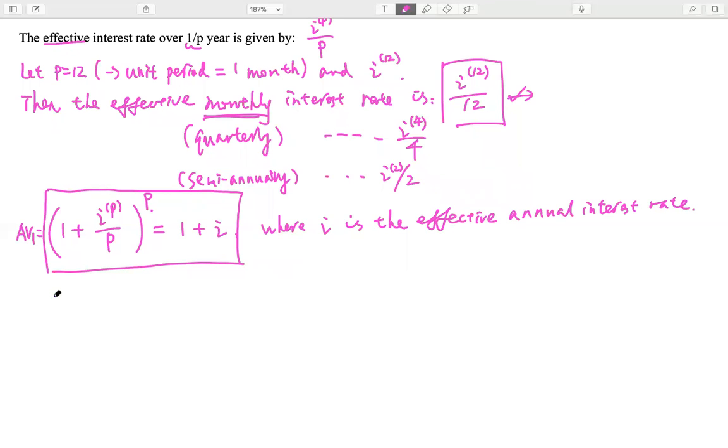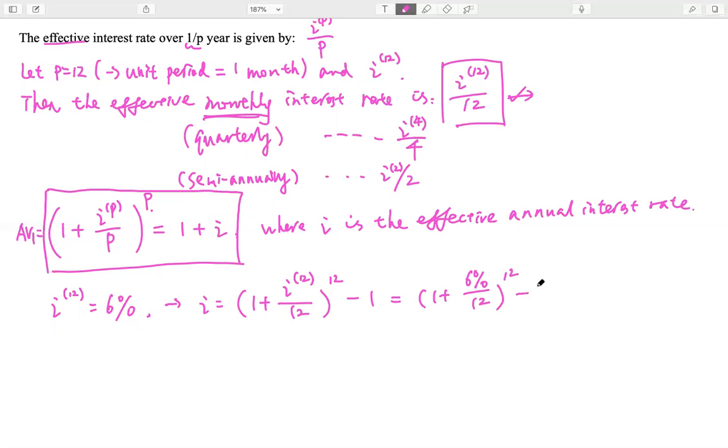For instance, let's say the nominal interest rate, the 12th interest rate, is 6%, and I want to calculate the annual effective interest rate I. Then I would be 1 plus I upper 12 divided by 12, raised to the power of 12, minus 1. So it will be 1 plus 6% divided by 12 to the 12th minus 1.